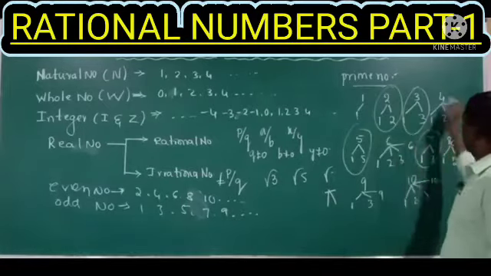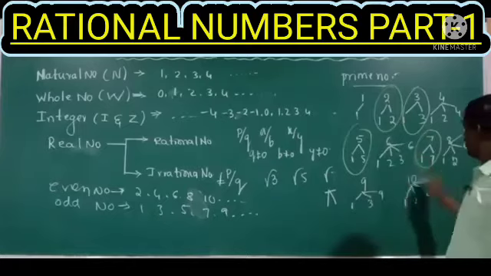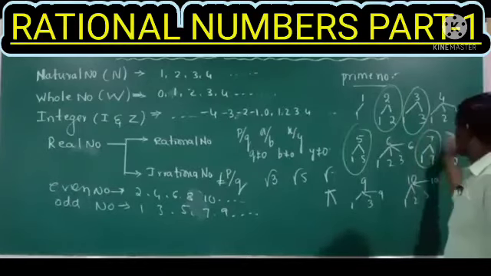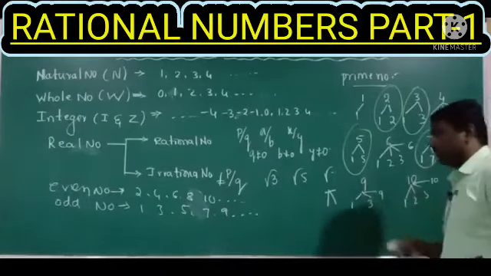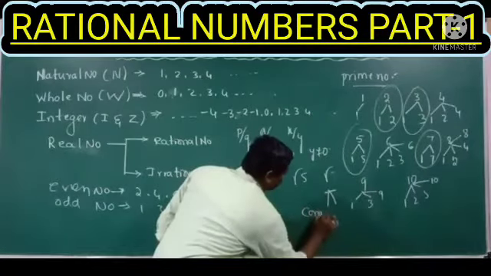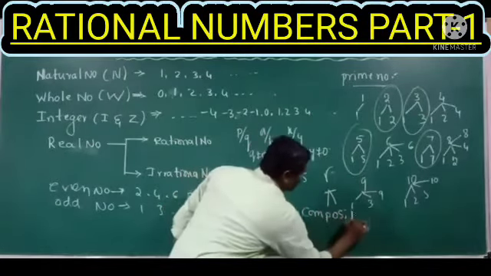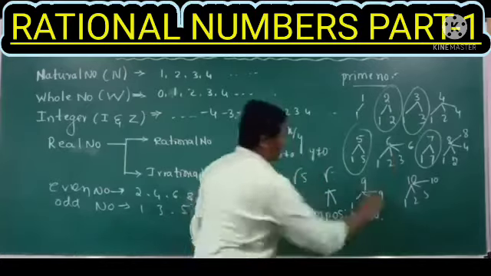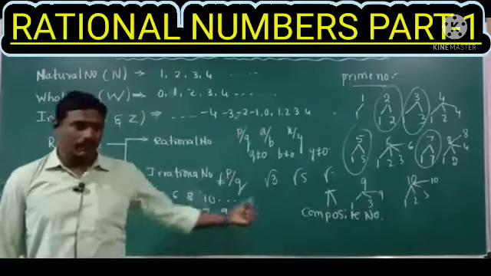Then what name do we give to the other numbers, 4, 6, 8, 9 and 10? These are the composite numbers. How can we define composite numbers?